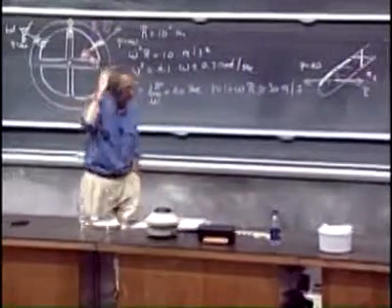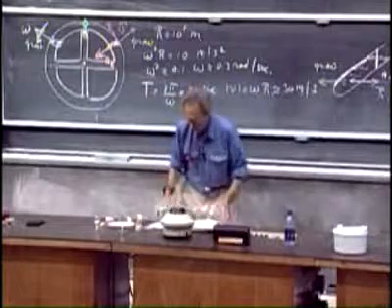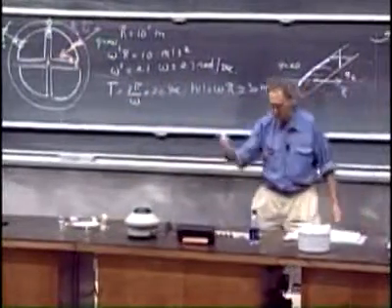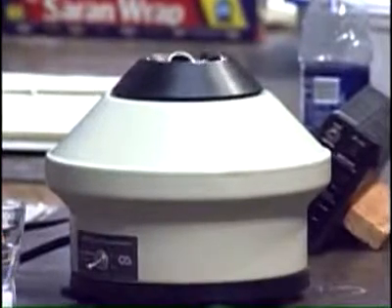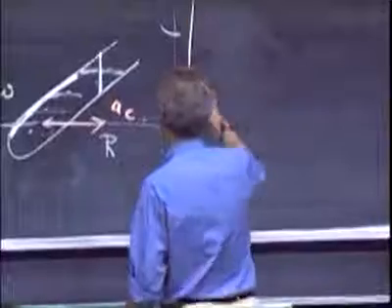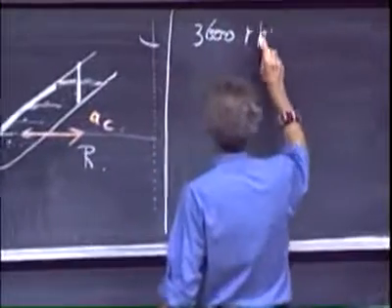But before I do that, I want to give you some numbers. Here we have a household, simple, nothing special centrifuge that is used in any laboratory. The centrifuge that we have has 3,600 RPM.